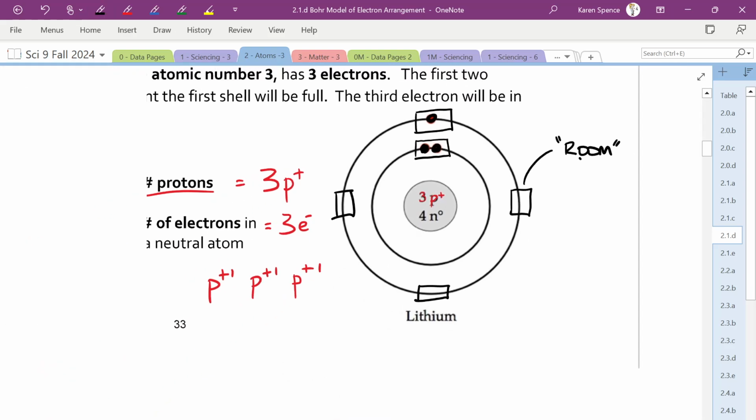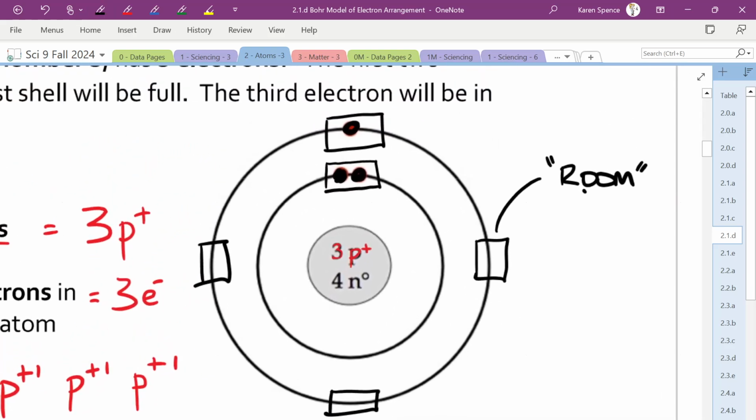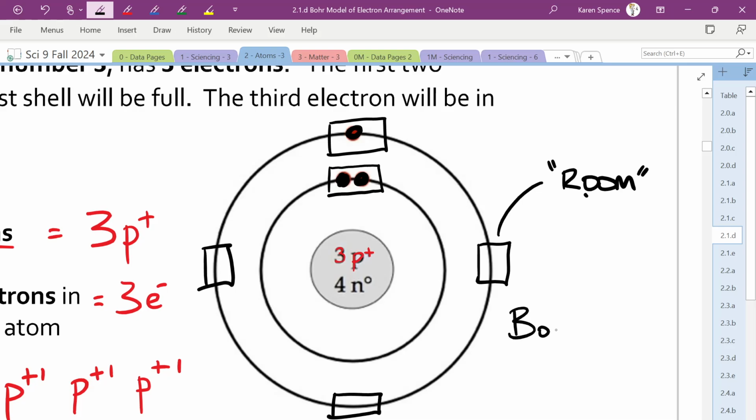Okay? So that is how we would draw a Bohr model of lithium. Protons and neutrons in the nucleus, 2 electrons on shell 1, 1 electron on shell 2.